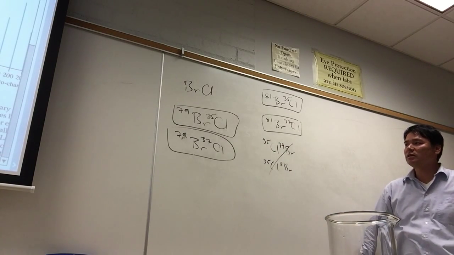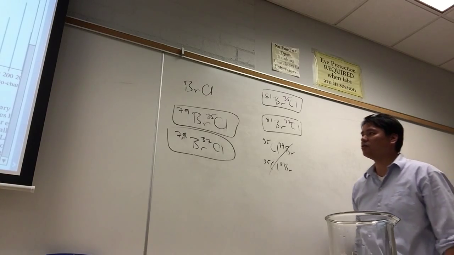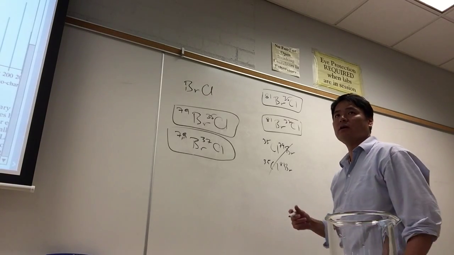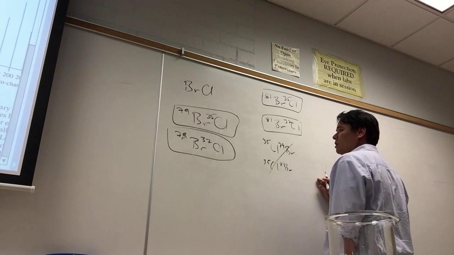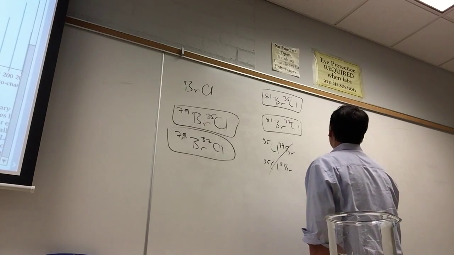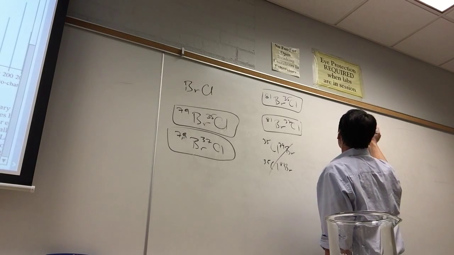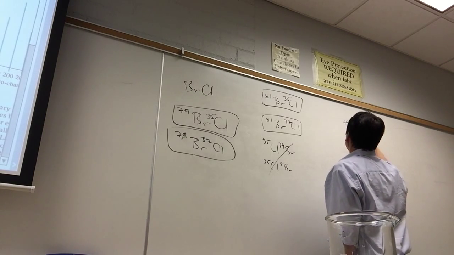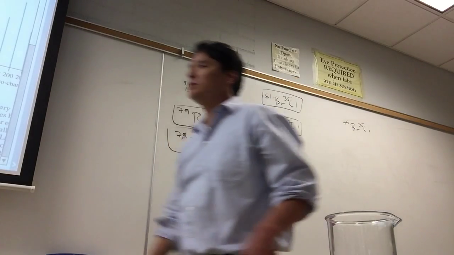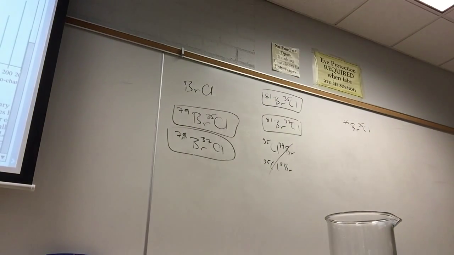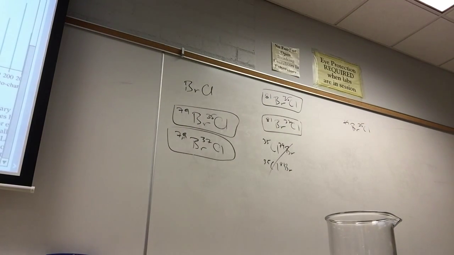But we're going to do this quantitatively. We're going to figure out the percent natural abundances using dimensional analysis. And so using dimensional analysis, what is the percent natural abundance? Let's start off with the first one, which we were thinking is the most abundant anyway: a bromine 79 and a chlorine 35.